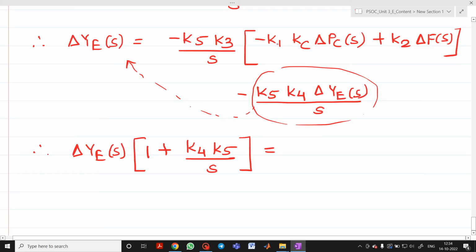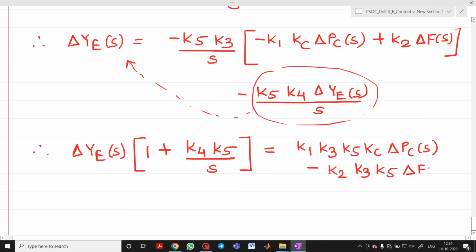Now do the multiplication inside. So what will I get here? Minus minus becomes plus, k1, k3, k5, this kc will be there, then into delta pc of s. Now minus, if I take this term inside, then it will be k2 into k3 into k5 into delta f of s.